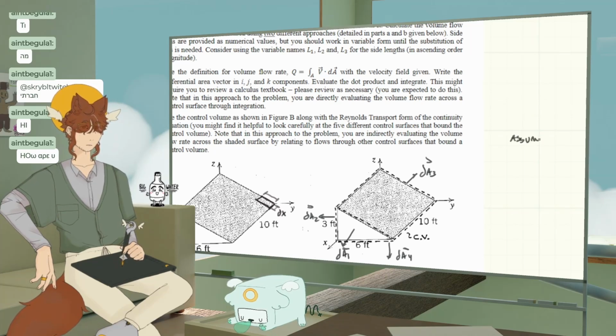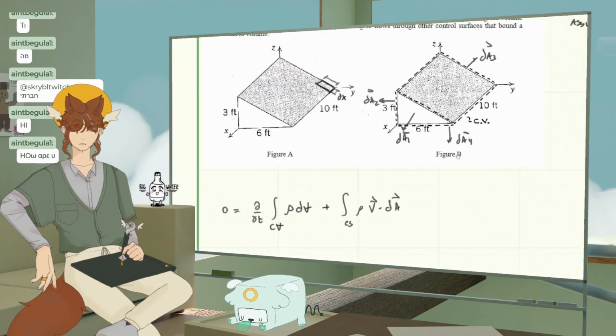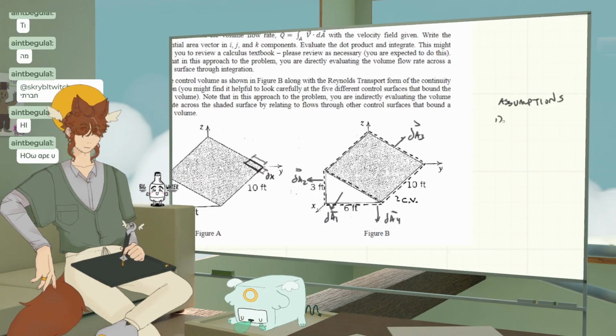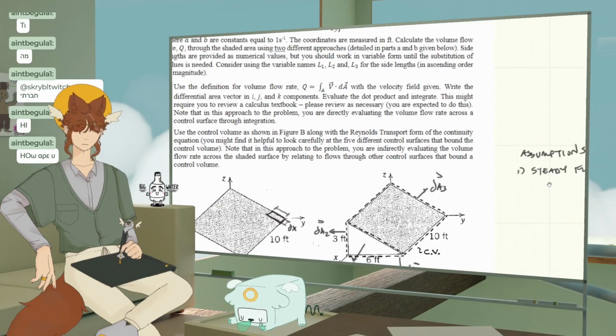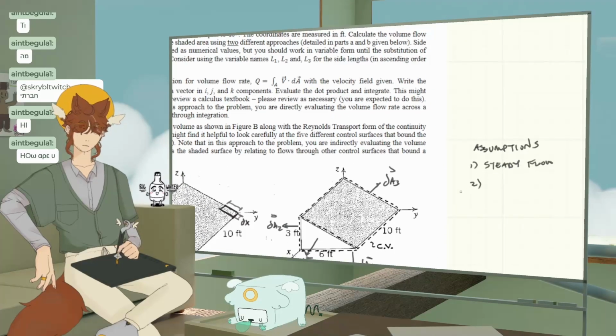But we cannot assume steady flow because, oh wait, we can assume steady flow. There's no T in here. This goes to 0. That's sick. I thought there was a T in there. I don't know why. No, it's steady. It's just steady flow, and we are going to assume also incompressible. That makes our lives a little easier.